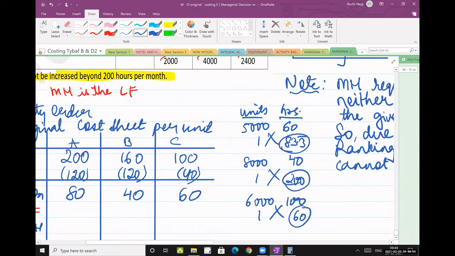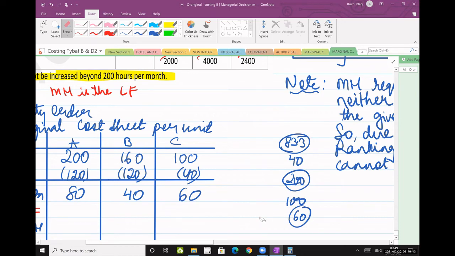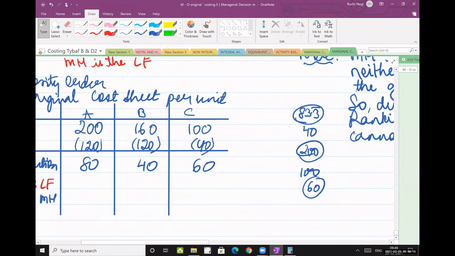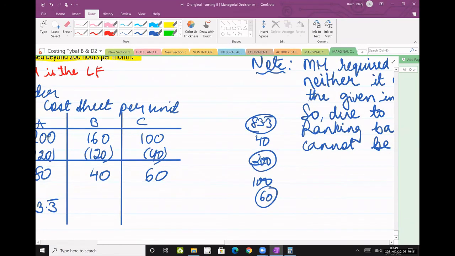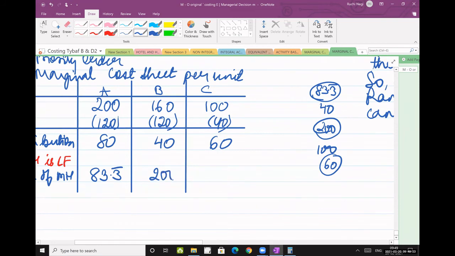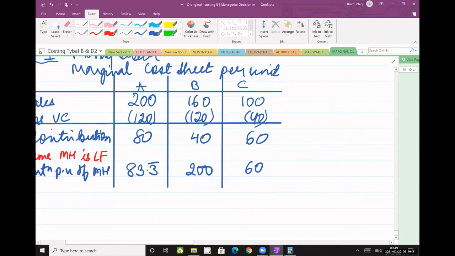Right? Okay, so this is what I'm writing now. Simple maths: 83.333. Please write down here 83.333. Next 200, and next answer of mine is 60. समझ में आया यहाँ तक everyone? Is this clear to everyone?